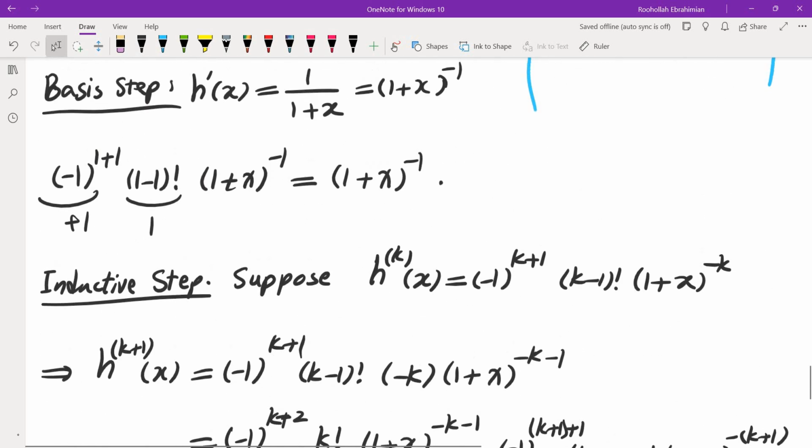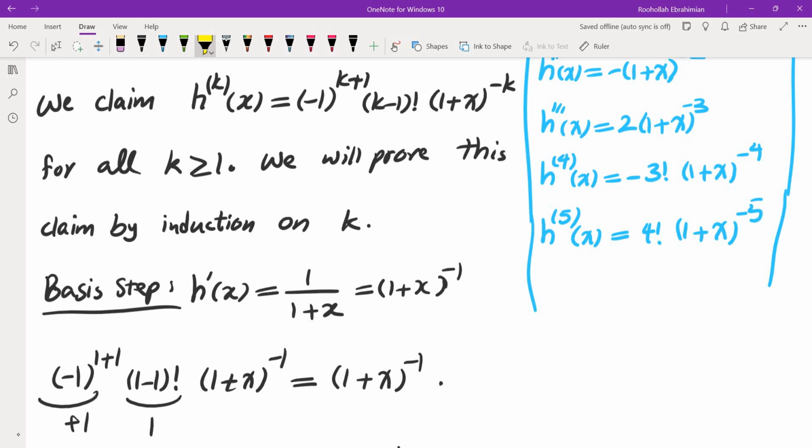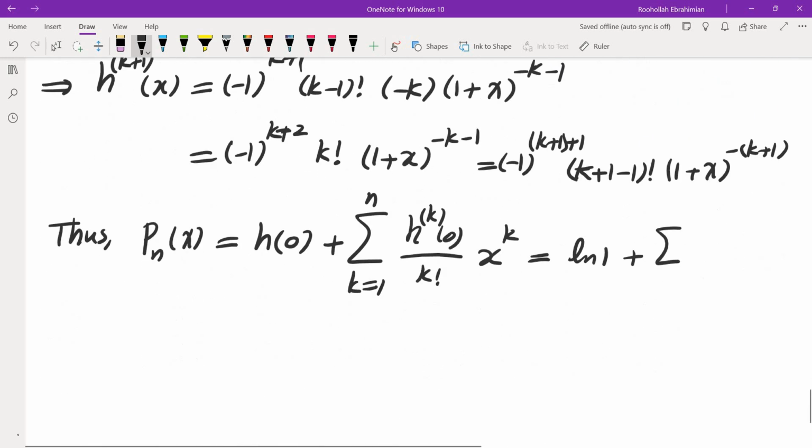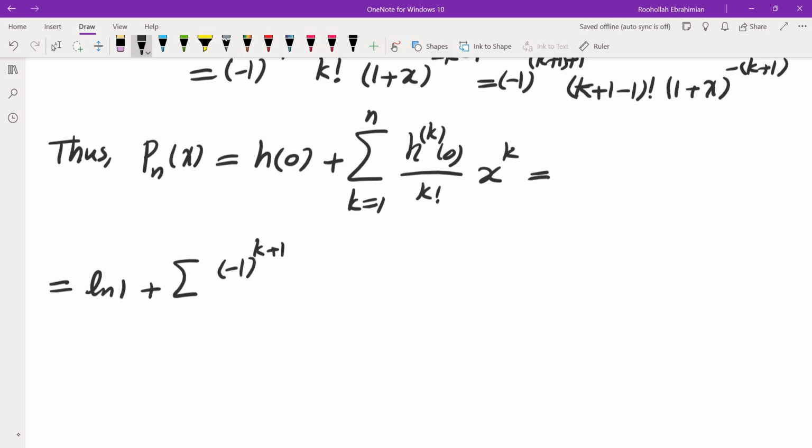If you plug in 0 in hk, you would get negative 1 to the power of k plus 1, k minus 1 factorial, and then 1 plus 0 to the power of negative k over k factorial x to the power of k.